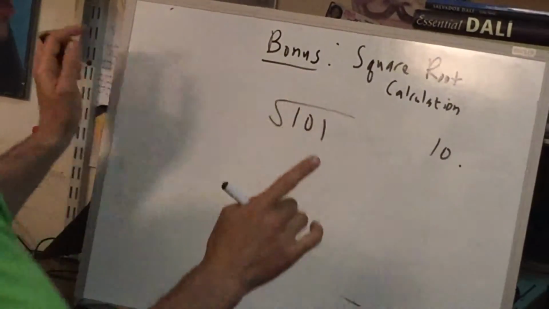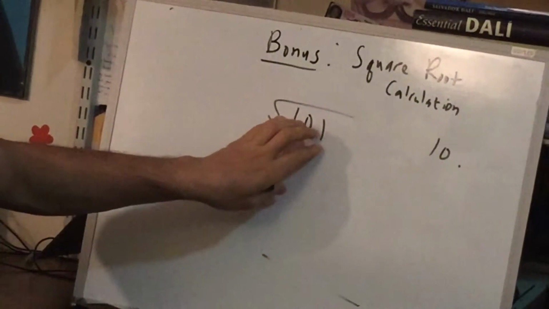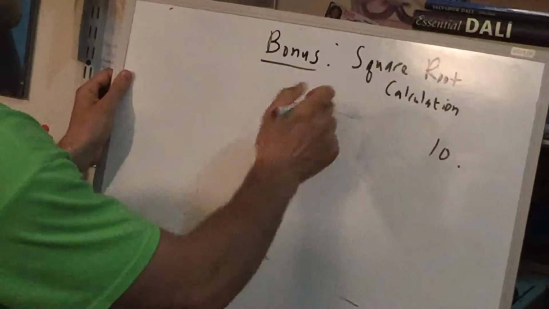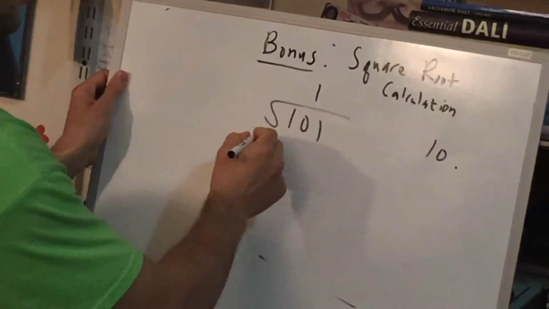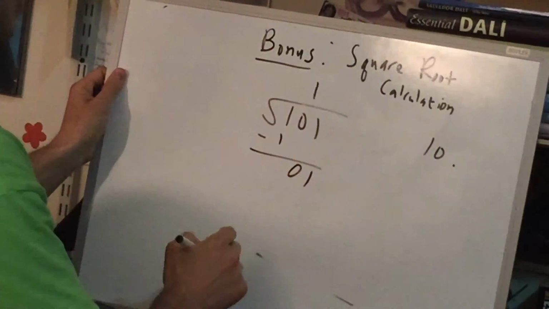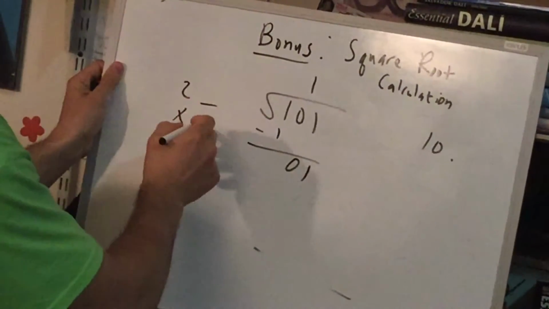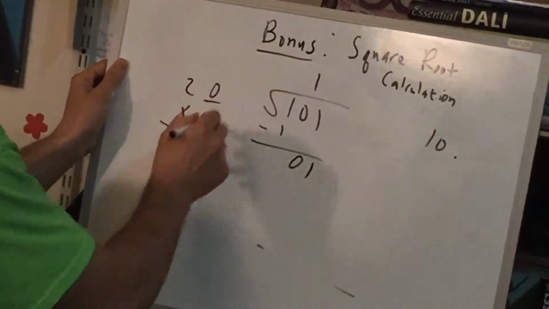Okay, so there's a thing with odd and even numbers of digits. In this case, there's an odd number of digits, so we'll take the 1. So what number squared gets us close to 1? Well, that's just 1. So minus 1 is 0, 1. We double that, so 20 what times what gets us closest to 0, 1? That would be 0.